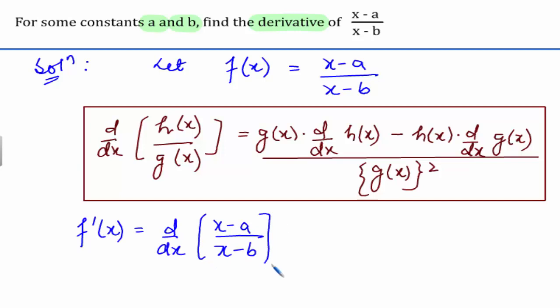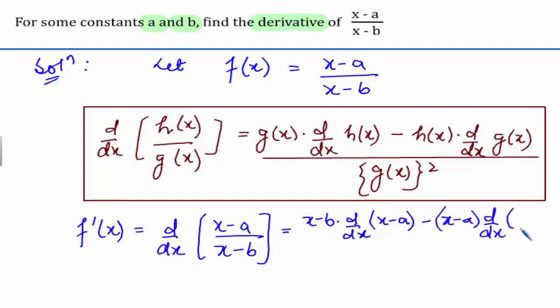So this is equal to gx, which is x minus b, into the derivative of hx, which is x minus a, minus hx into the derivative of gx, which is x minus b, whole divided by gx whole square, that is x minus b whole square.